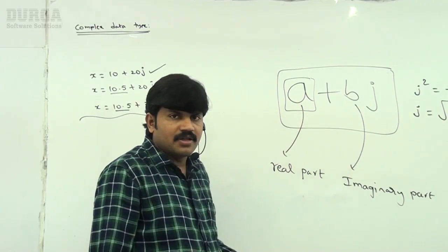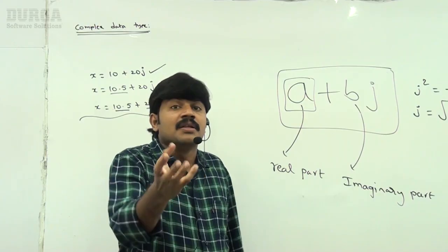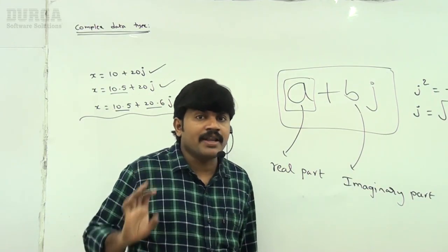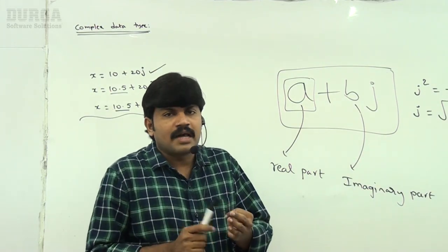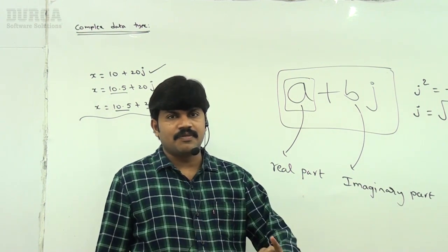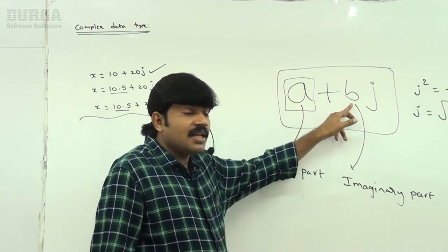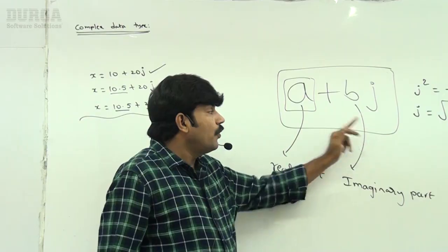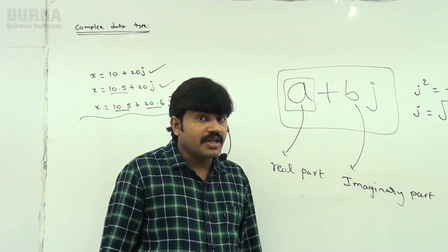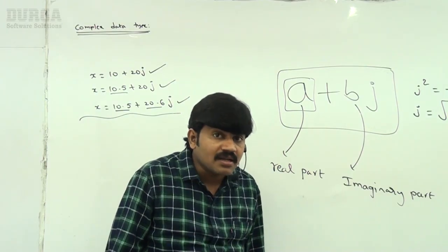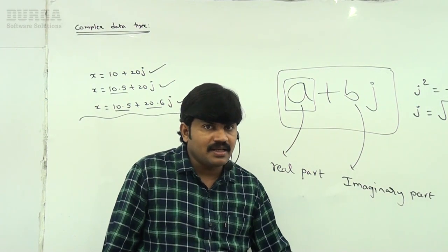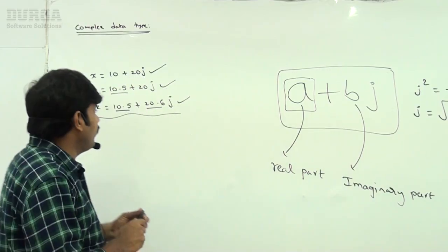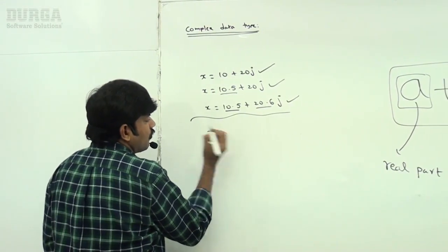If in the real part I am taking an int value, that int value you can represent either in decimal form, binary form, octal form or hexadecimal form. But the imaginary part compulsorily you should specify only in decimal form, sir. By mistake, if you are using binary form or octal form, immediately we are going to get an error. Observe carefully.